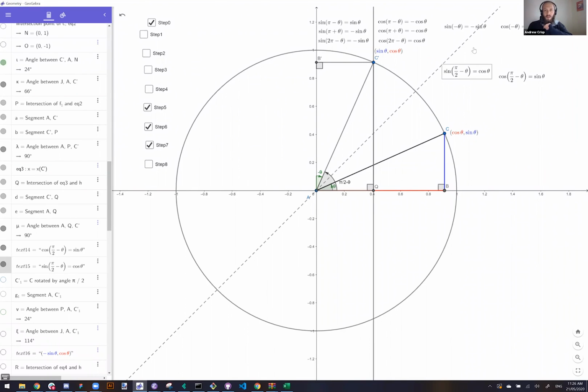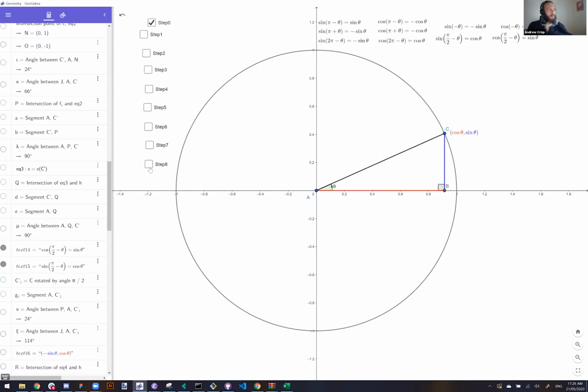Okay, so I'm going to move these back into position because I've got some things coming up soon, and I've got one more to go. So I will get rid of this and this and this.